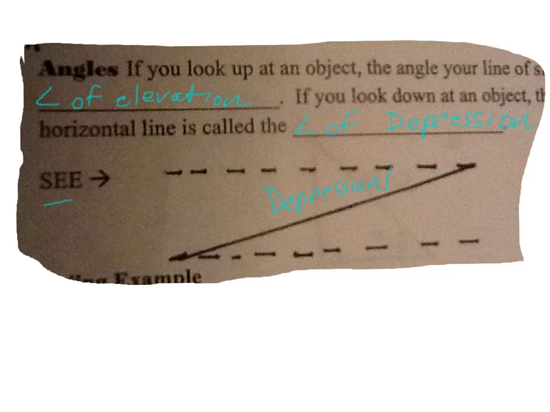The angle of elevation is just the opposite. So this is the angle of elevation. If you were standing down below looking up at an object, that angle is the angle of elevation.